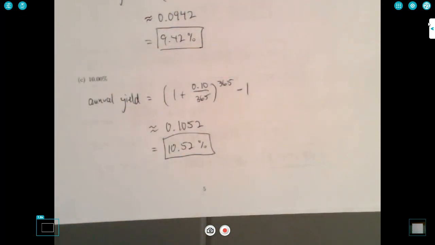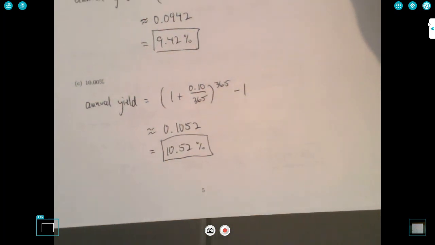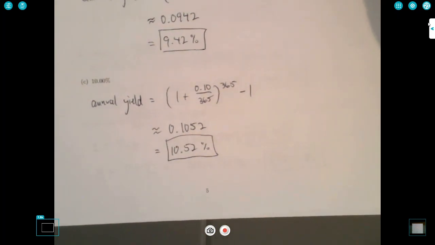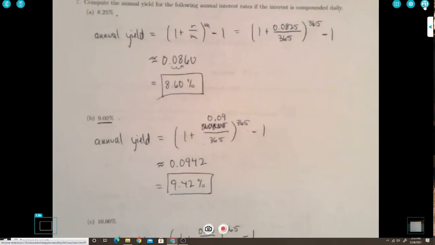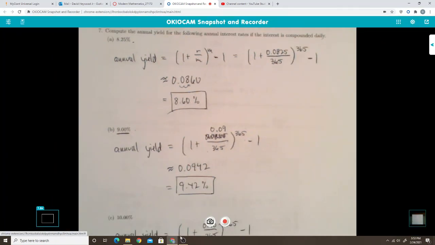Okay, so that's how annual yield, or effective yield, or effective rate, right? That's how that works. So that's that. That's all I wanted to say about simple and compound interest.